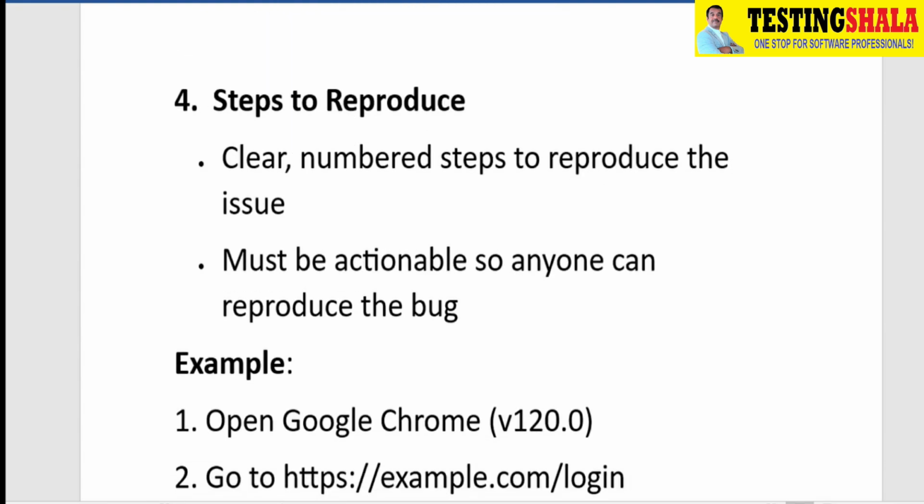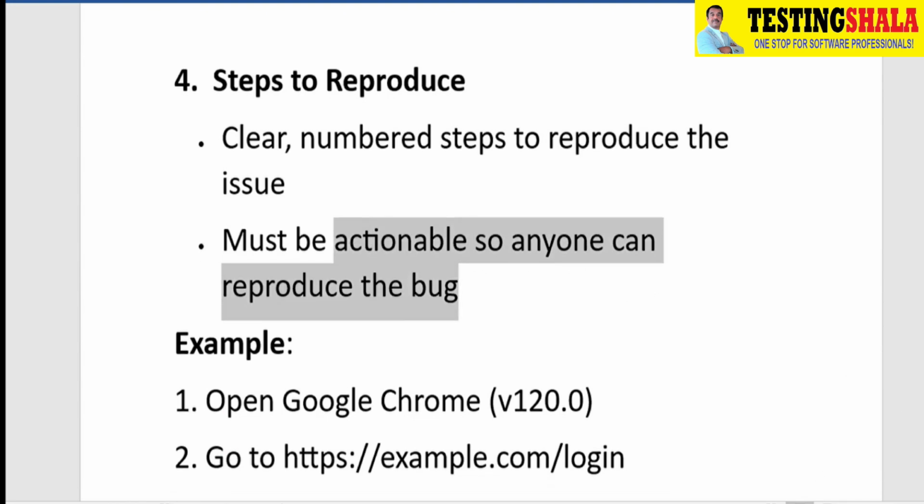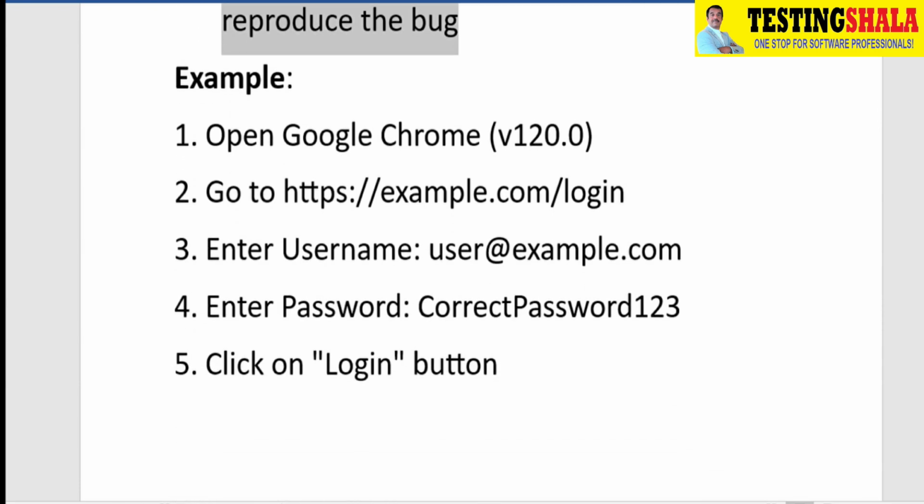The next one is steps to reproduce. This is a very important field in the bug or defect. Here we should clearly document each step properly. If anyone follows each step, they should be able to reproduce the issue.